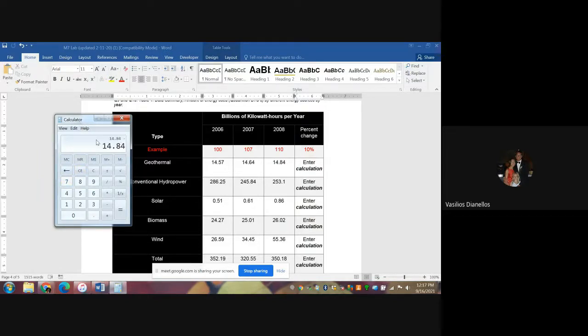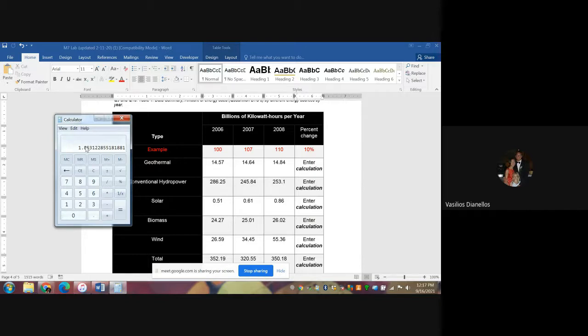Let's subtract the original, which was 14.57. All right, now we have our number. We divide that by the original, which was 14.57. Okay, we have our number. Now we need to move the decimal place to turn it into a percentage, or in other words, multiply it by 100. So times 100, and there we go.